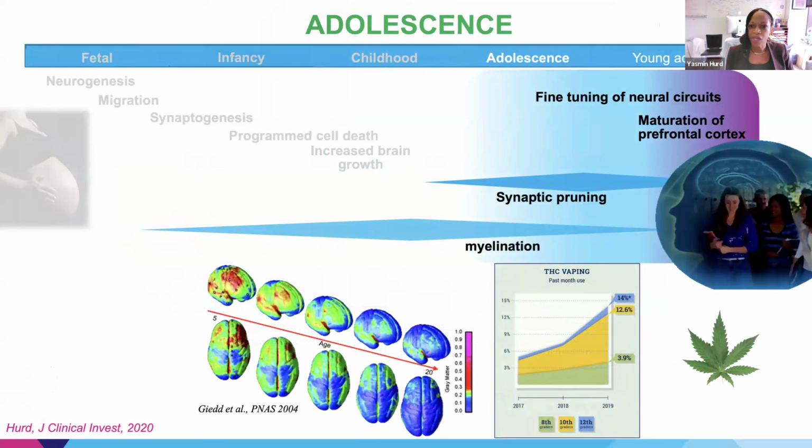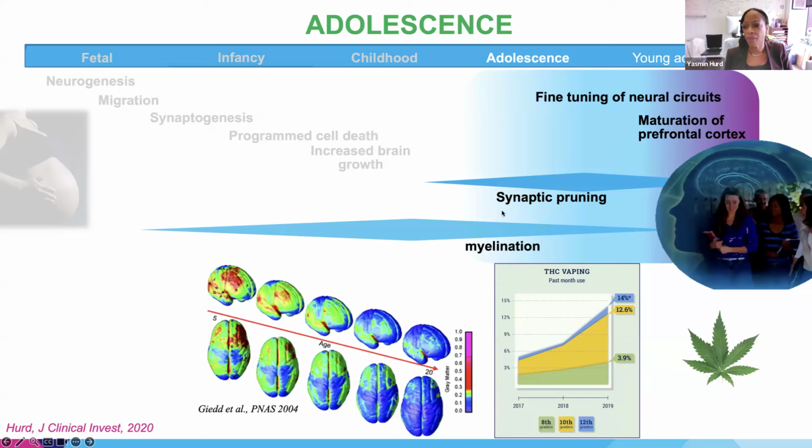So in utero exposure, like I said, during this time window is important for later effects on the offspring. The next developmental window that we've studied, and many people now as well, is adolescence, a time period where naturally people experiment. We also know that the prefrontal cortex is the last region of the brain to achieve full maturity.